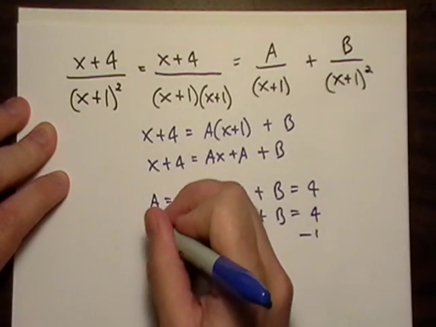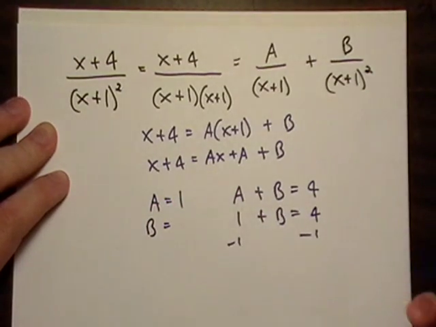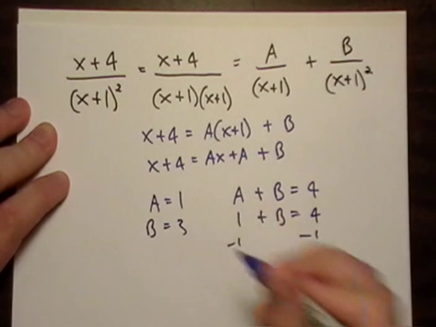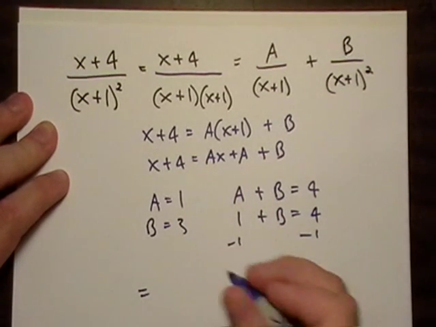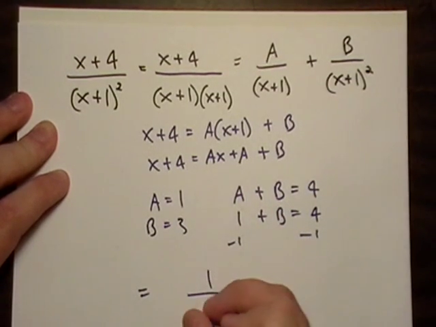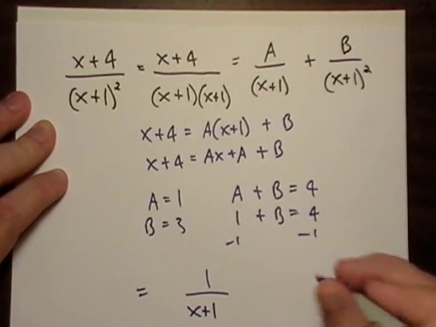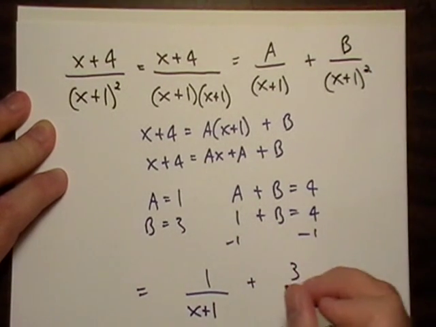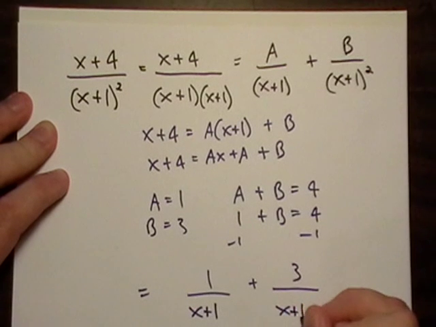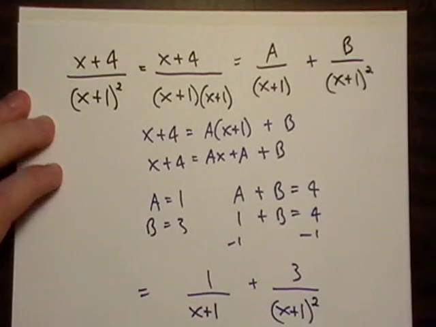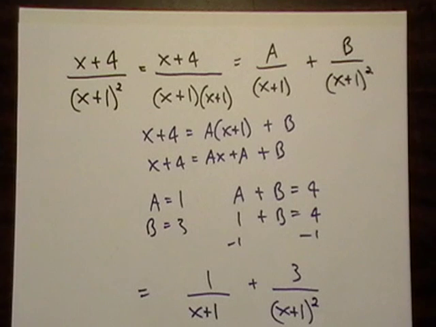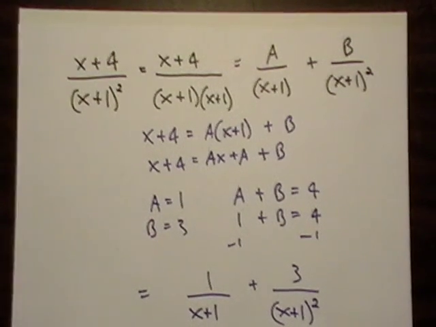So definitely looks like b in this case is equal to 3. So the decomposition on here would be 1 over x plus 1, plus 3 over x plus 1, squared.